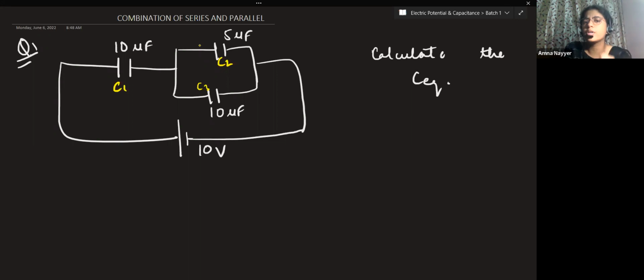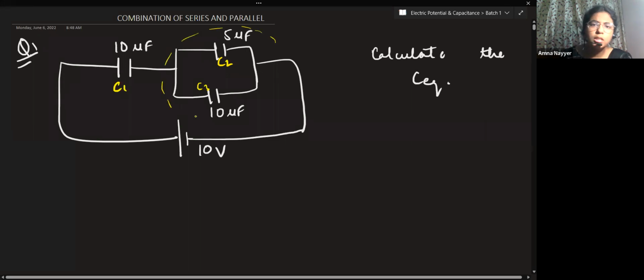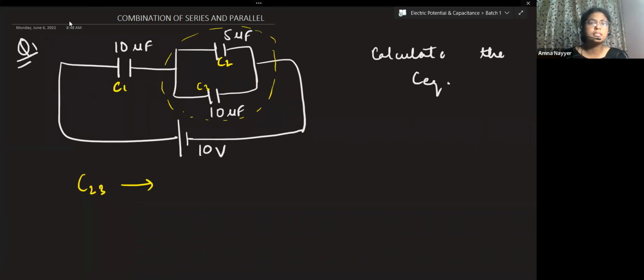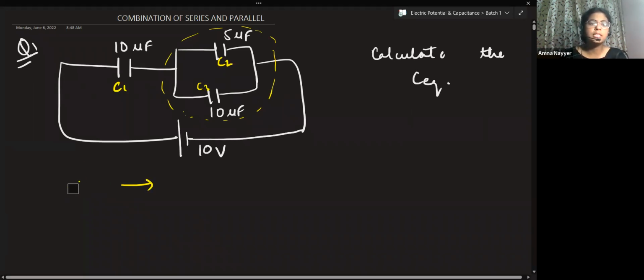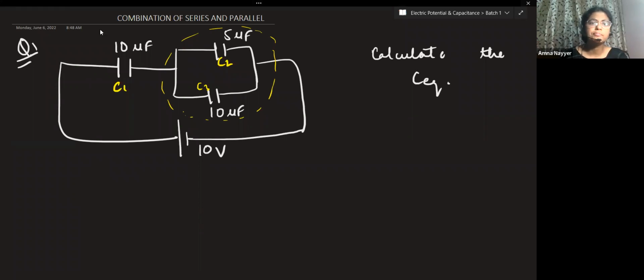This question we have done just now. So what we can do, we can at least find out the equivalent capacitance of at least this much part.